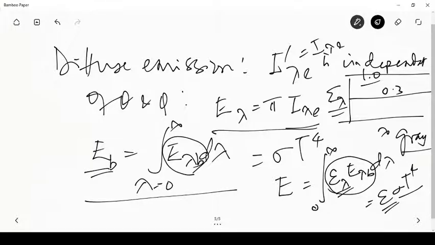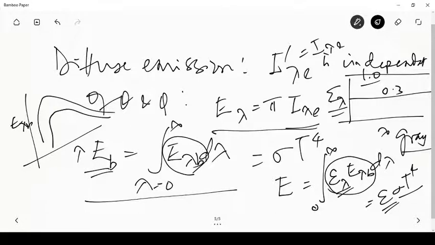What does it mean? A black surface will have a black body spectrum like this. This is E lambda b versus lambda. But if I have a gray surface which has a constant factor lower than black, then you will get, this is E lambda b and this is E lambda, and at any wavelength the ratio of E lambda to E lambda b will be a constant. That is what we call as a gray emitter.